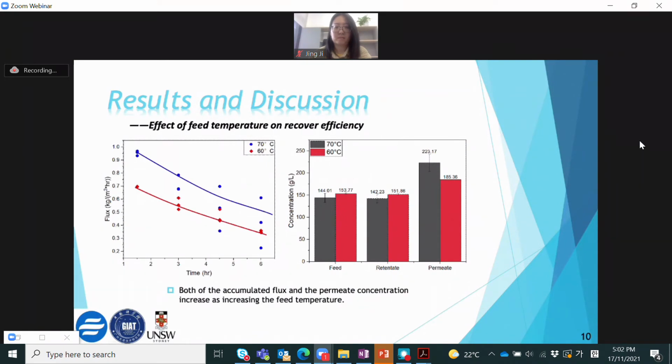When the feed temperature goes higher, the free volume in the membrane will increase, so the diffusion rate of the molecules through the membrane will also increase, resulting in higher permeation flux. Also, the equilibrium vapor pressure of the molecules will increase as temperature increases, which gives a larger driving force for the whole PV process. This also contributes to the higher flux.